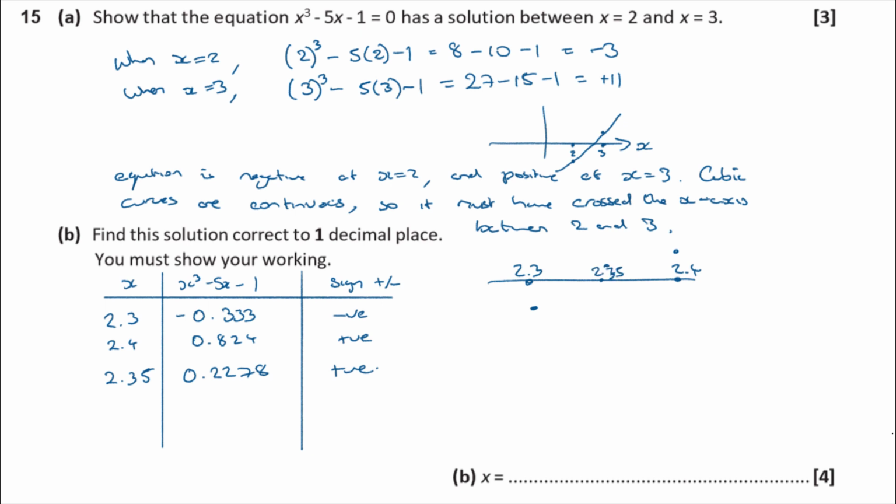So the point where it crossed over was to the left of 2.35 somewhere, which means that it's closer to 2.3 than it is to 2.4. By testing the halfway point, what we're doing is seeing whether the answer rounds down to 2.3 or rounds up to 2.4. So this is enough to tell me that 2.3 is my final answer. This is the one I'm going to go for. So 2.3 is the correct solution.